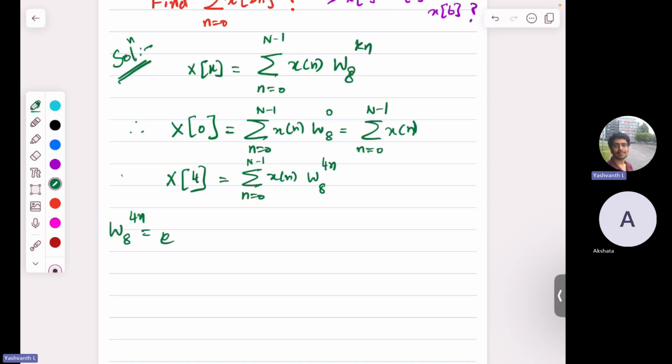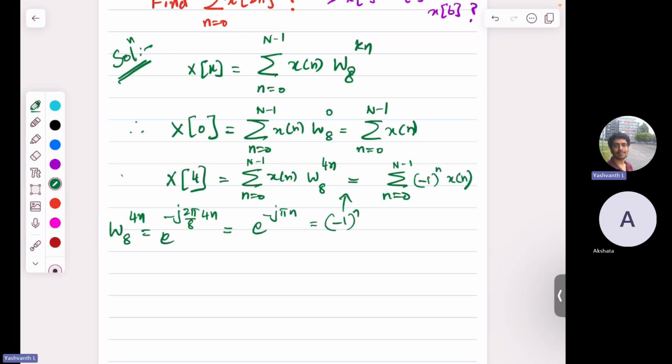It's nothing but e power minus j 2 pi by 8 into 4n, which is e power minus j pi n, which is minus 1 power n. Correct? Therefore, the above equation becomes summation n equal to 0 to n minus 1 of minus 1 power n times x of n.